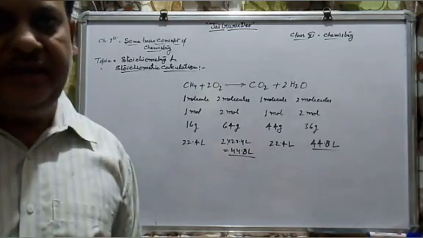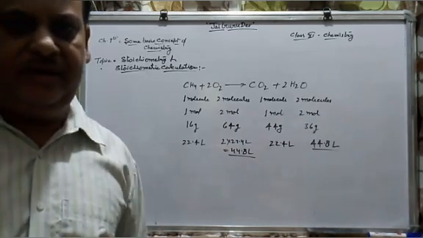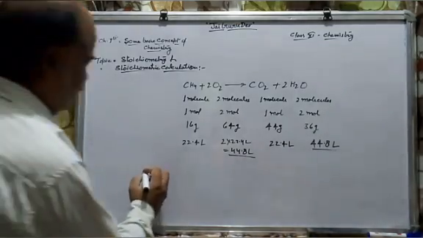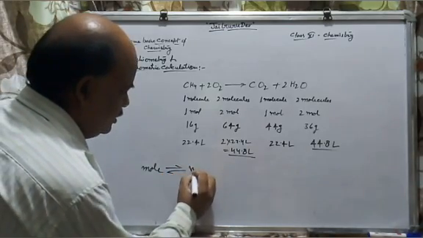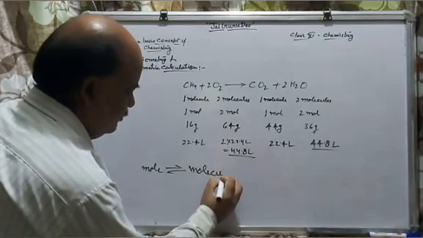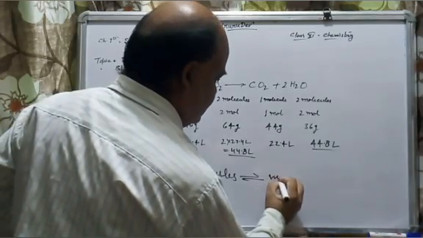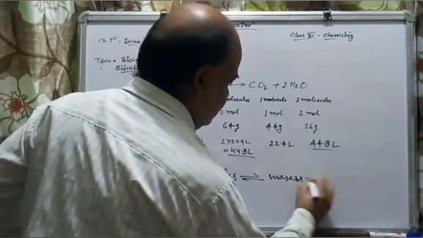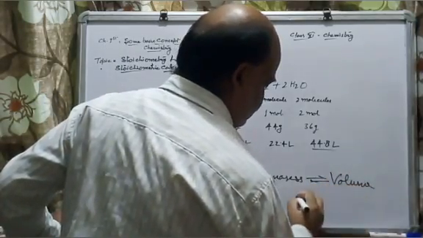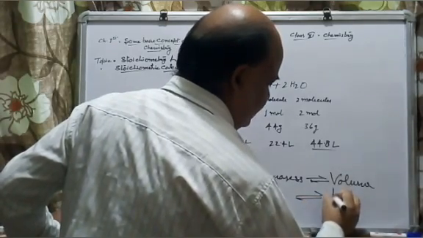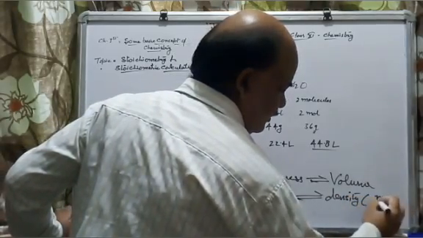From these relations, we can interconvert moles into molecules, into masses, into volume, density, because density is mass upon volume.